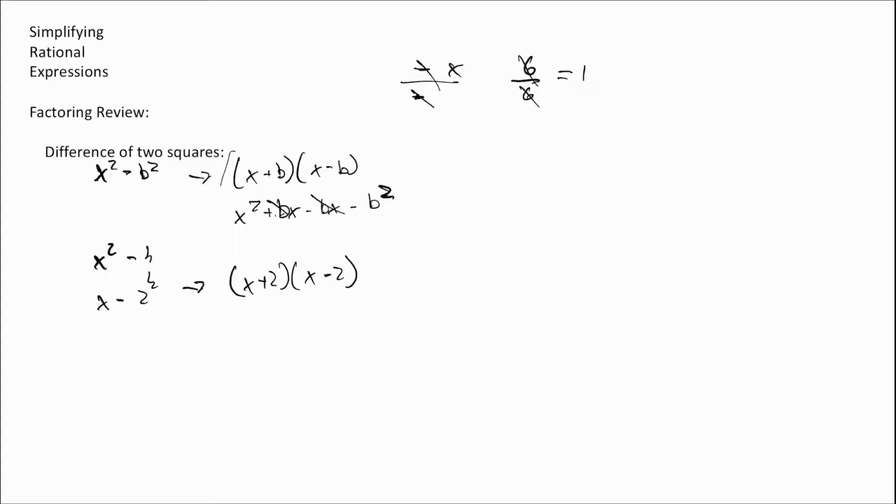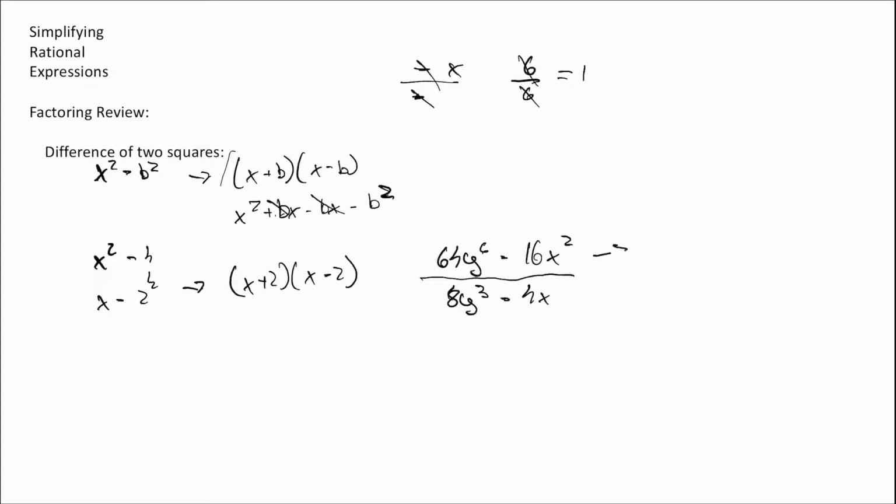Let's give a more complicated expression. I already introduced you to the simplification of rational expressions. Let's say I have 64y to the 6th minus 16x squared, divided by 8y cubed minus 4x.